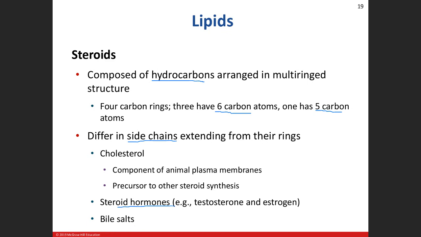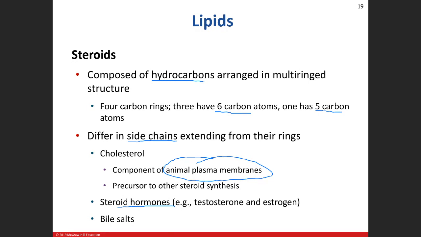We know the importance of cholesterol, because we're going to use cholesterol in a lot of different things. It's going to be needed for hormones and bile salts, but also plasma membranes. Cholesterol allows the plasma membrane, especially when we turn up the heat, to be more resilient in temperature extremes, both hot and cold.